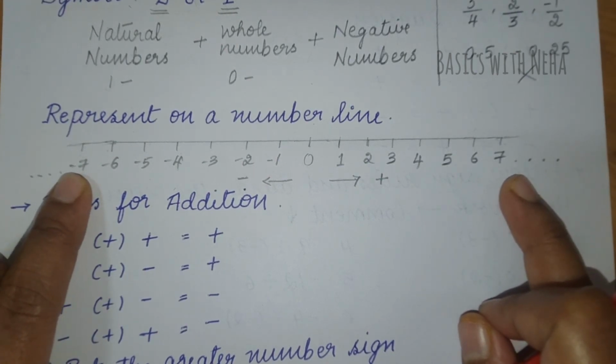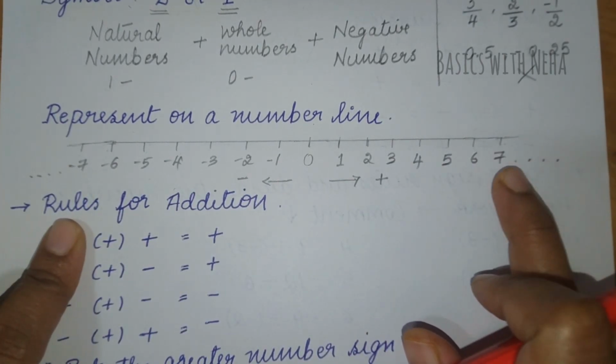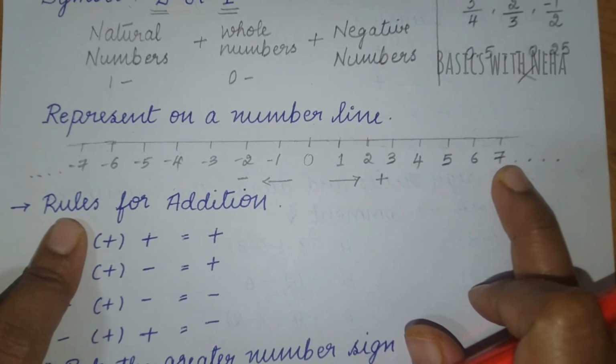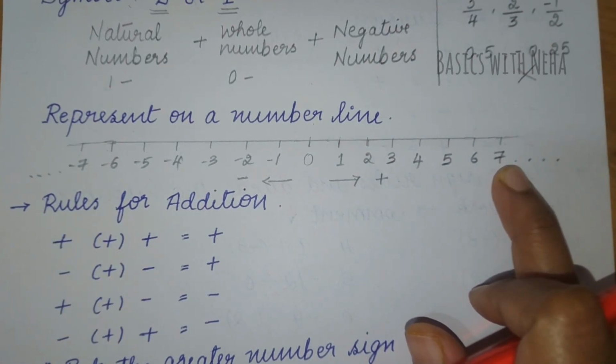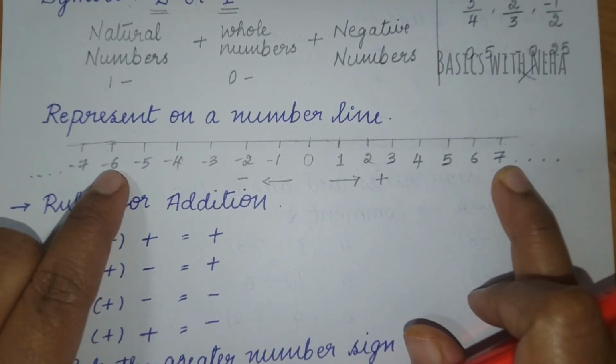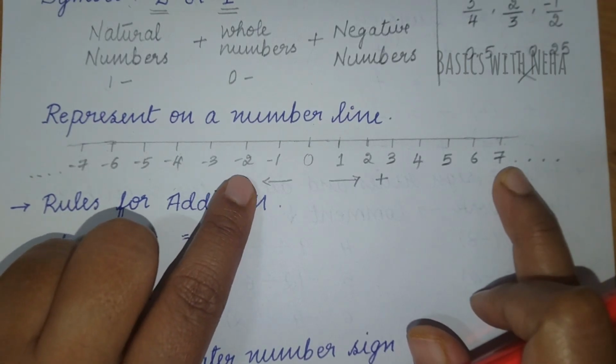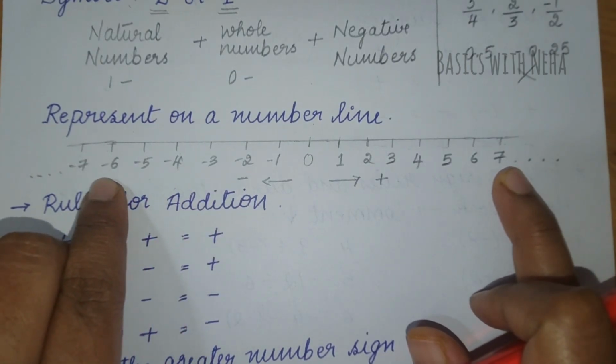Which is the greatest number among the numbers I've written here? The greatest number is 7. So when somebody asks you if -2 is smaller or -6 is smaller, -6 is always smaller. -2 is greater than -6.